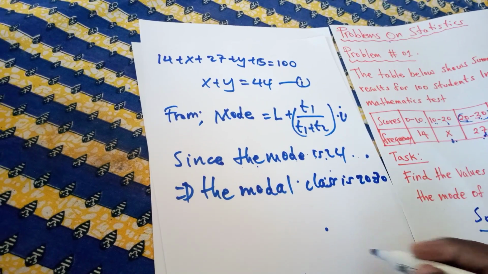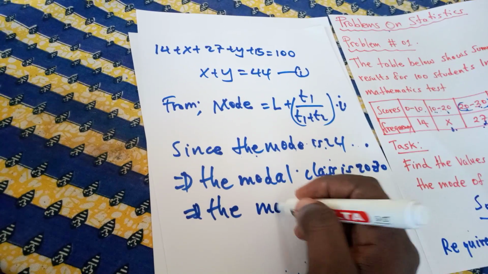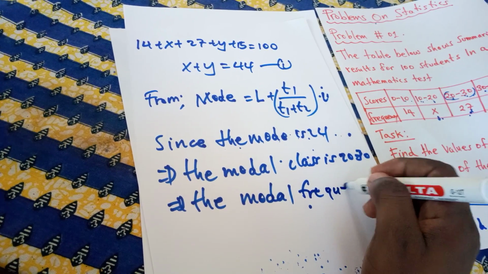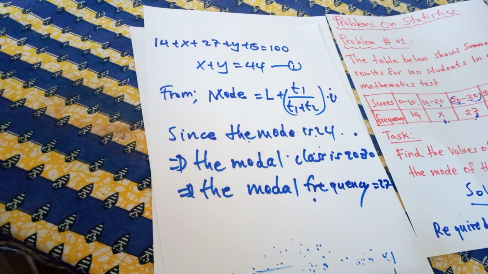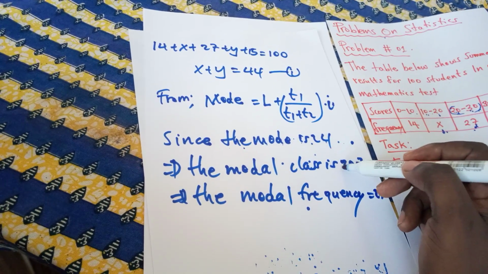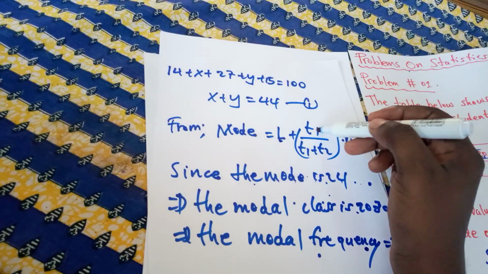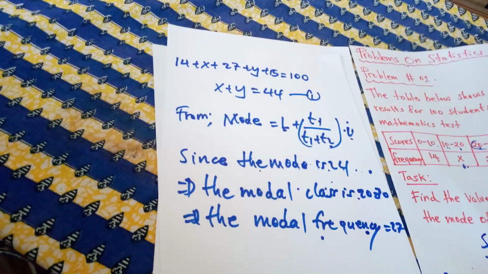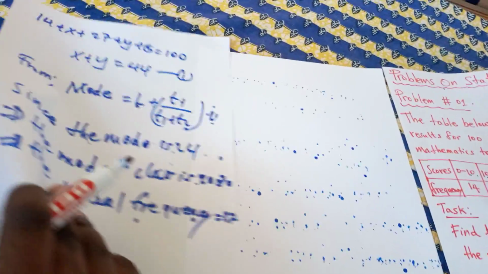This is the modal class, which implies also that the modal frequency is 27. So by using these two concepts, you can find L, T1, T2, and also i.